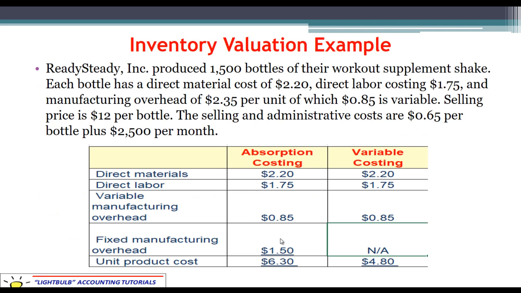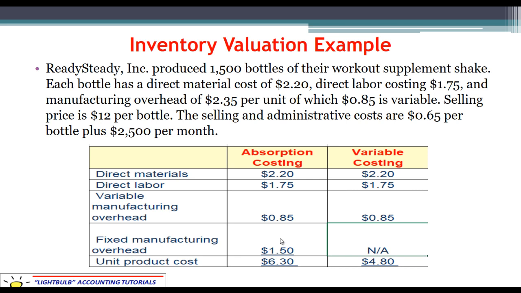So here we have an actual valuation example. This Ready Steady Incorporated produced 1,500 bottles of their workout supplement shake. Each bottle has a direct material cost of $220, direct labor cost of $175, and then they give us total manufacturing overhead of $235 per unit, but then they say 85 cents of that is variable.